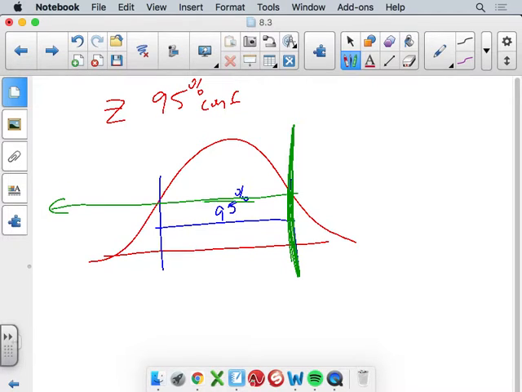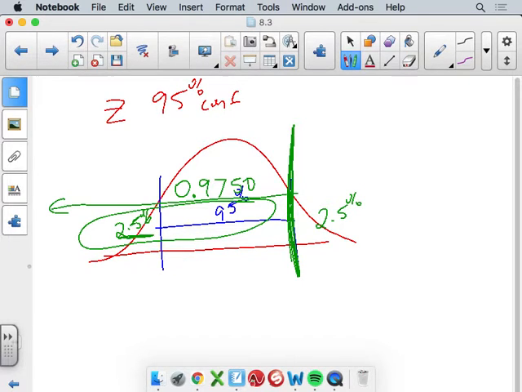So I need to add in whatever percent this part is. 95% has 5% on the edges, so evenly distributed that's 2.5%. So we're looking up the decimal 0.9750. When you look that up on the z-table, that is z equals 1.96.